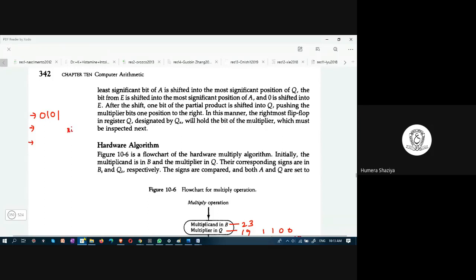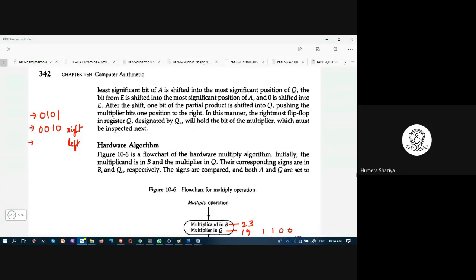First you tell me right and then left. Yes, students? 0010.